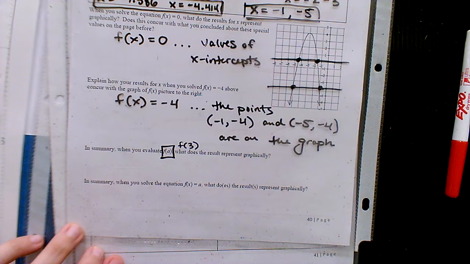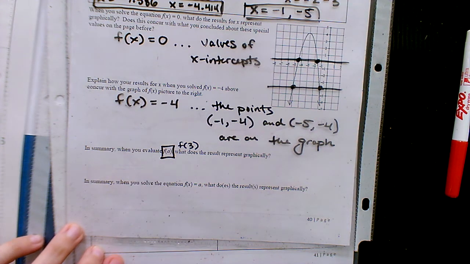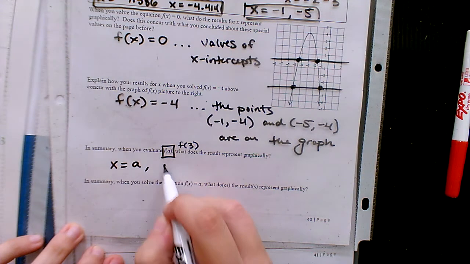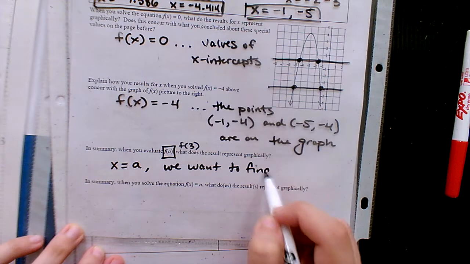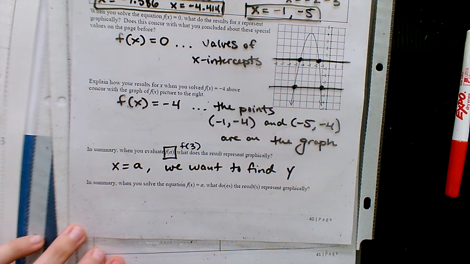What is that notation asking us to do? Yeah? Find the value for y when x equals 3. All right, so this a number, whatever it is, is representing an x value. So we can say x equals a, we want to find the y value. So plug it in for x.